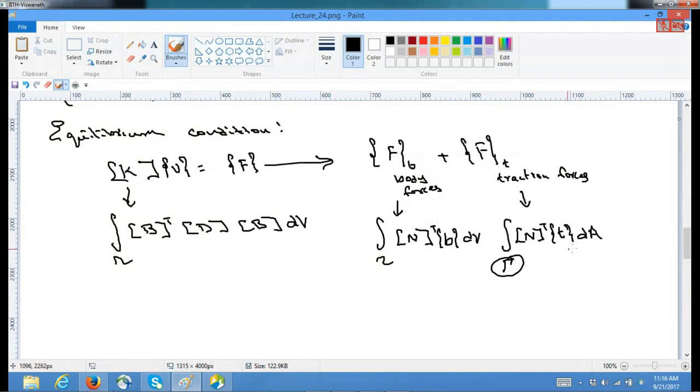So this is how F is obtained, and U is the nodal degrees of freedom, which is D1 to D8 for the given element.